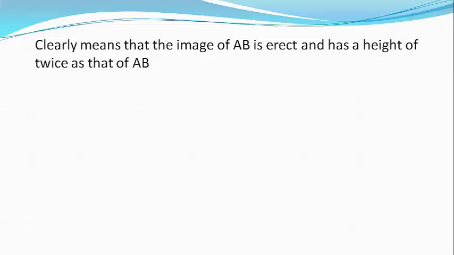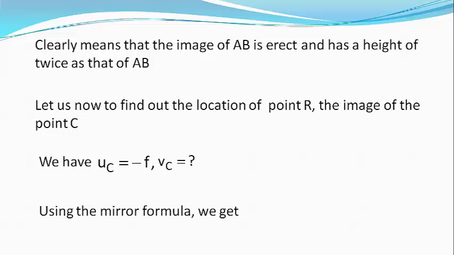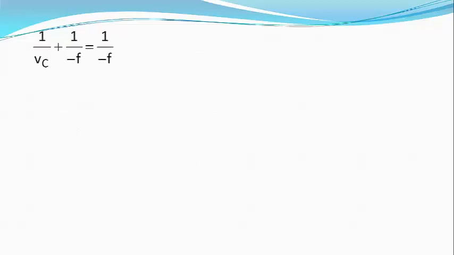Let us now try to find out the location of point R, the image of point C. We have UC equals minus f and VC equals question mark. Using the mirror formula, we get 1 divided by VC plus 1 divided by minus of f equals 1 divided by minus of f, or 1 by VC equals 0, which implies VC equals infinity.